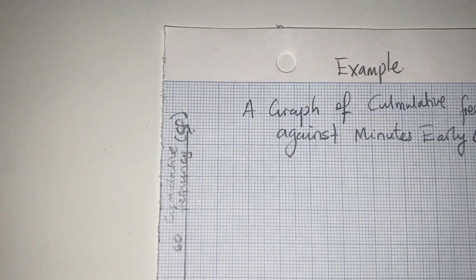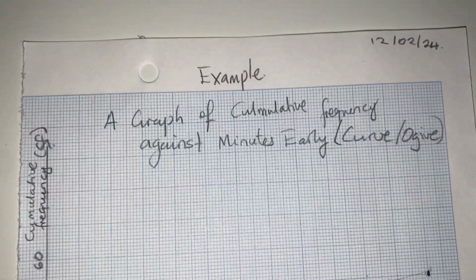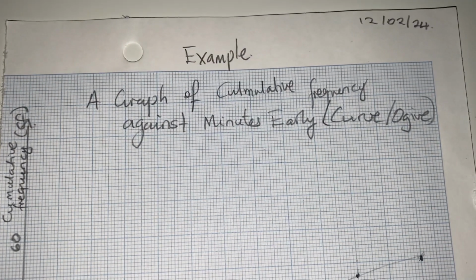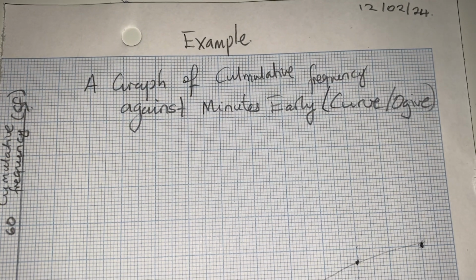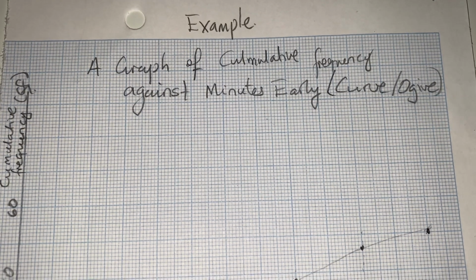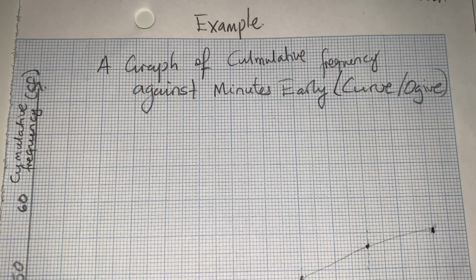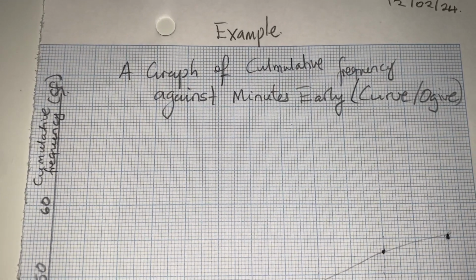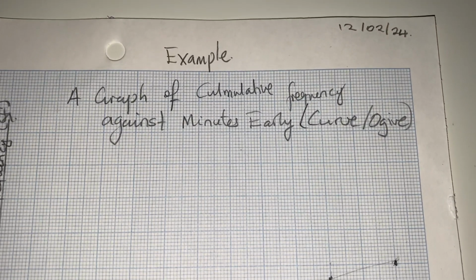I have a title. This is an example. A graph of cumulative frequency against minutes early, and that is my ogive or my curve. So this will be our introduction.